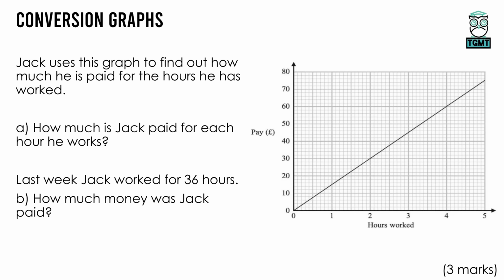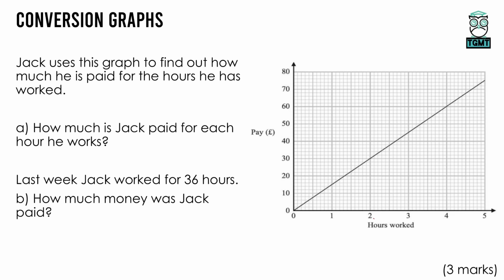So this is more of a real life graph where it's showing how much pay you get for a certain amount of hours. It says here, how much is Jack paid for each hour that he works? Now it doesn't really matter exactly where we go up from, but I would have a look on the left of the axes there to see if any of the 1, 2, 3, 4 or 5 hours lands on a nice number.